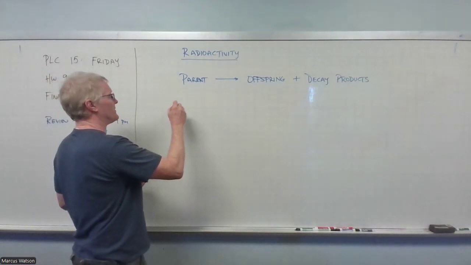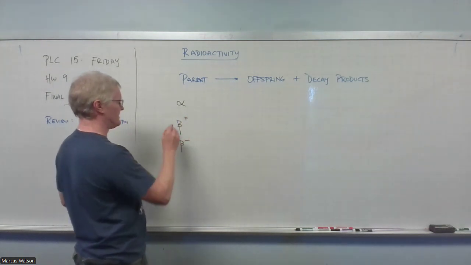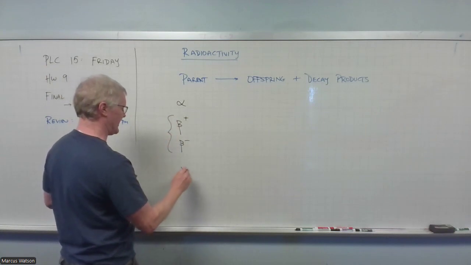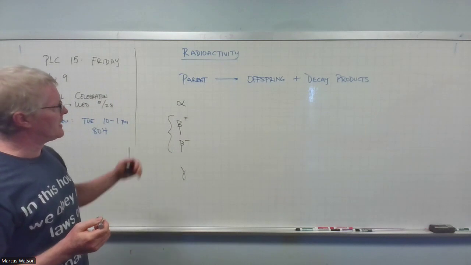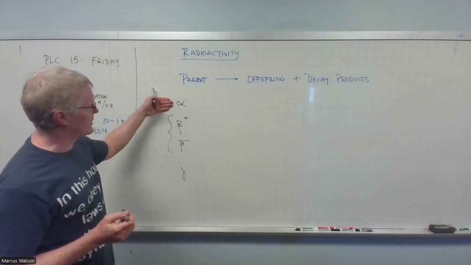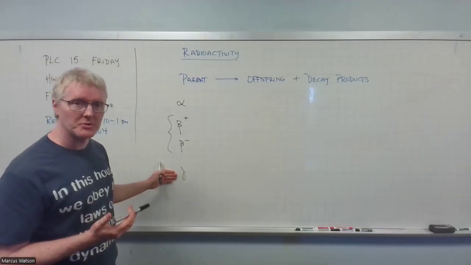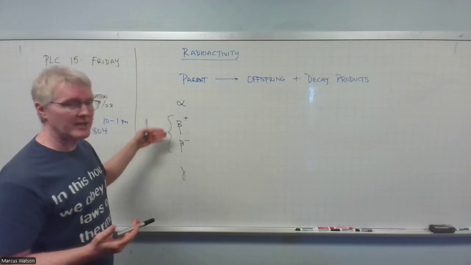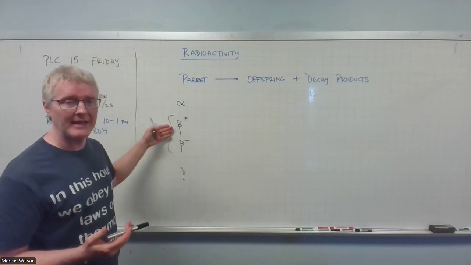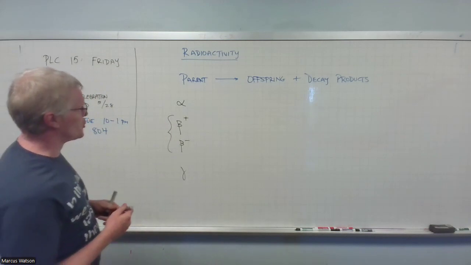We talked about the decay modes, alpha, beta plus and minus, which fall under 1, and then the gamma. So here we had the helium nucleus. Here we have the X-ray, the high energy X-ray, which is just electromagnetic radiation. And then here we have electrons and anti-electrons called the positrons.